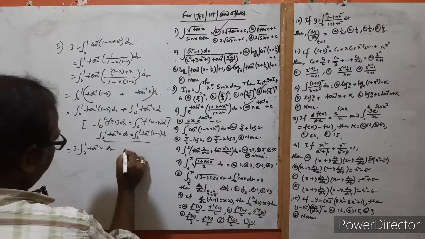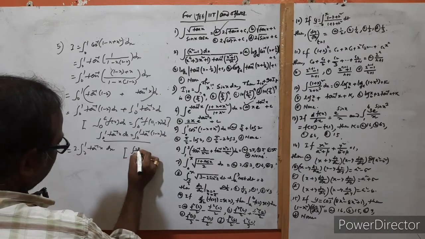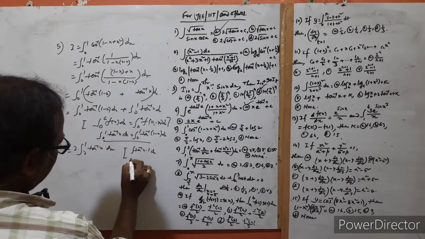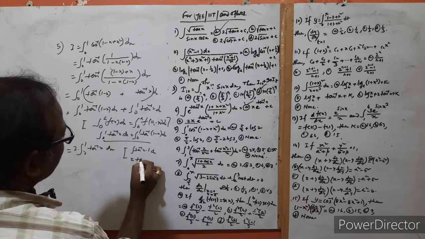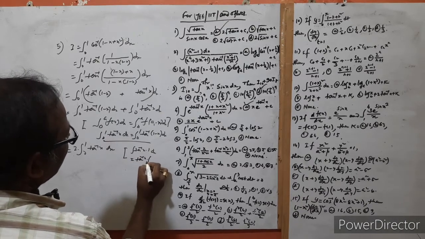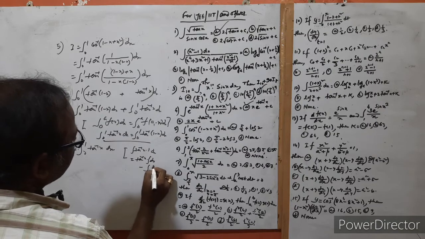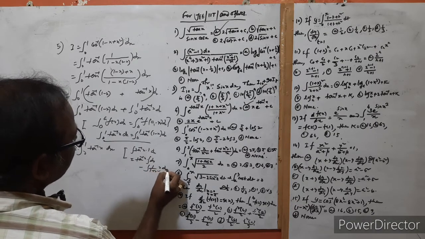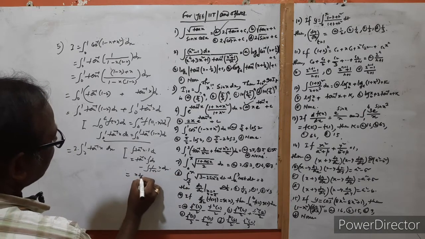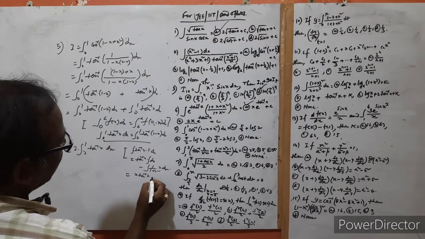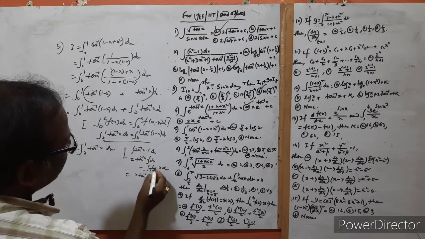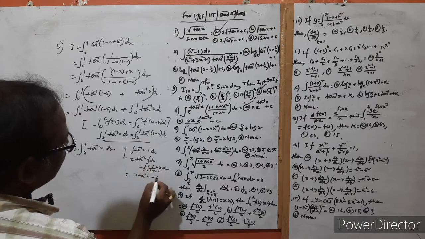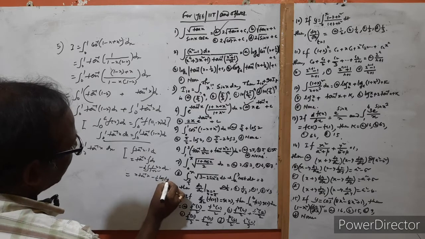Now apply the u into v method. Here it is tan inverse x dot 1 dx, and take tan inverse x as the first function, so it is tan inverse x times x minus the integral of the derivative of this, which is 1 over 1 plus x square, times x dx. Now x into tan inverse x, and the derivative of 1 plus x square is 2x, so balancing with 1 by 2, we get 1 by 2 log of 1 plus x square plus c.